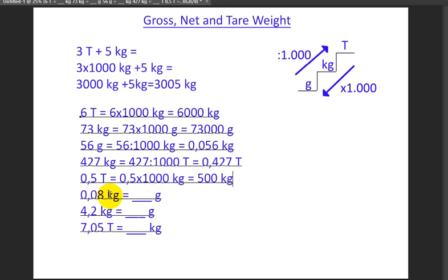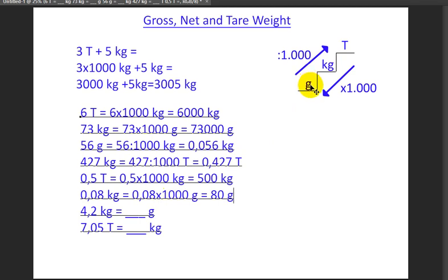Next up, we have 0.08 kilograms into grams, so a step down again. So we need to multiply 0.08 times 1,000, and what we get is 80 grams. Next, here we have 4.2 kilograms, and we want to turn it into grams.